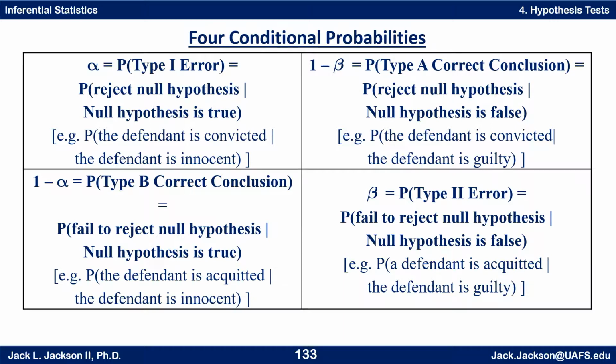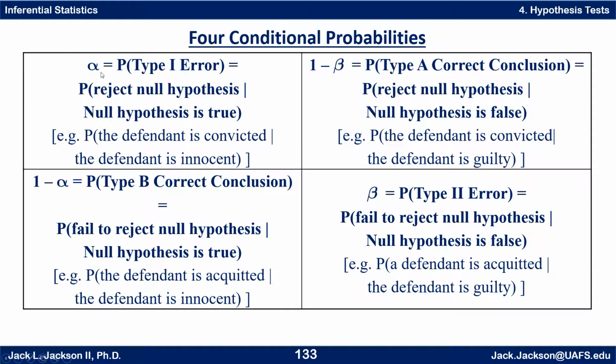Now let's think about it a minute. Typically speaking, alpha and beta are kind of working against each other. We would like them both to be small, but I think you can probably see that if we try to make alpha small, we have a tendency to make beta bigger. In other words, if we make it harder to convict an innocent defendant, we're probably going to make it easier for a guilty one to go free.